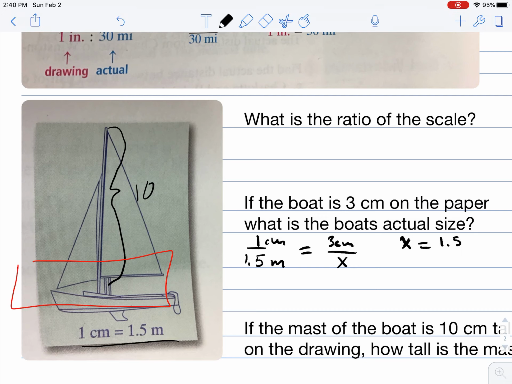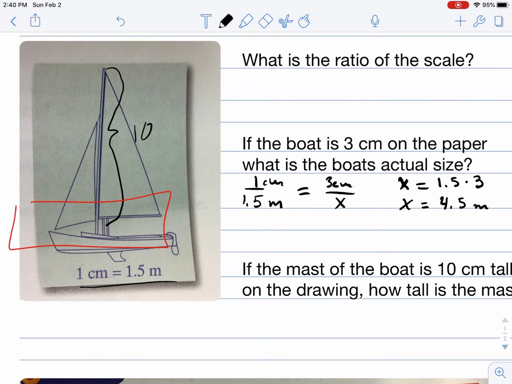That's going to be equal to 1.5 times 3. We don't need to do anything with the x because we already have x by itself. And x is equal to 4.5. So 1.5 times 3, and this would be in meters. So in real life, its actual dimension is going to be 4.5 meters.